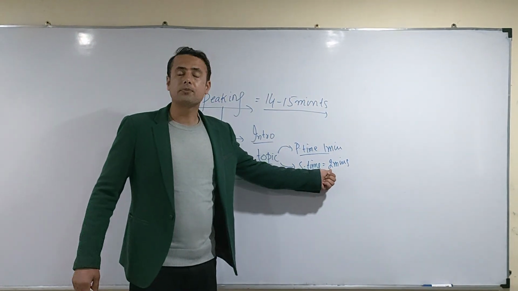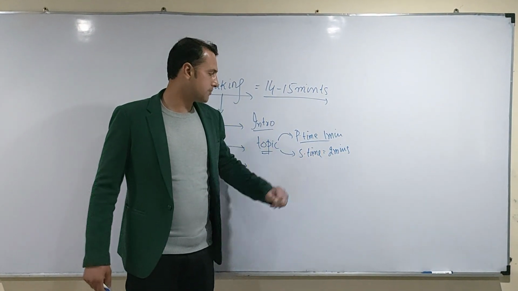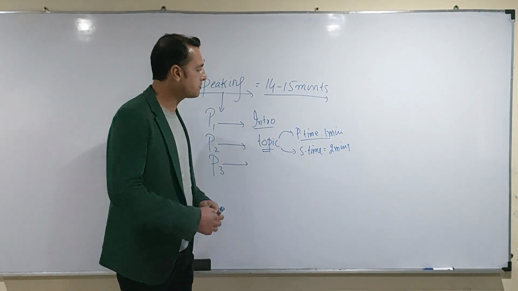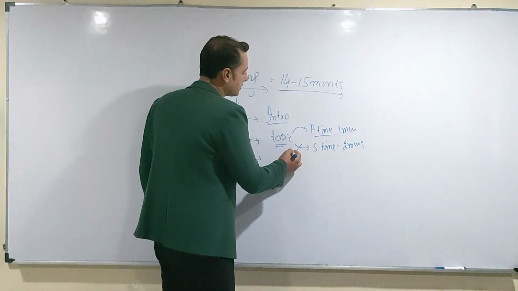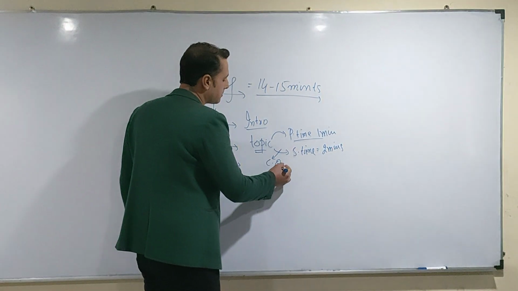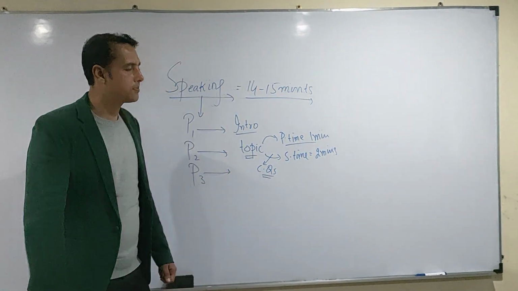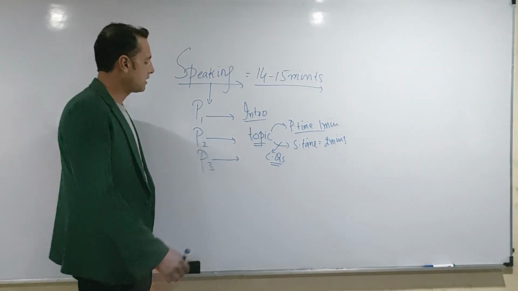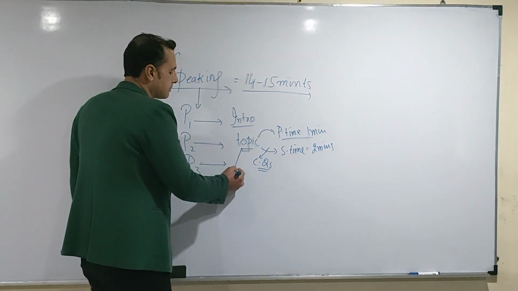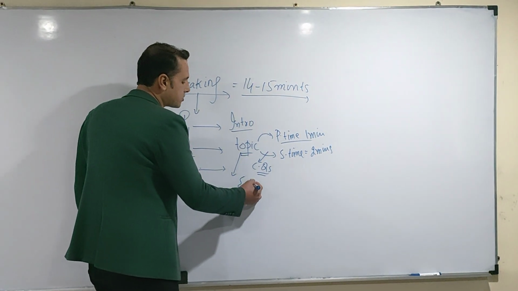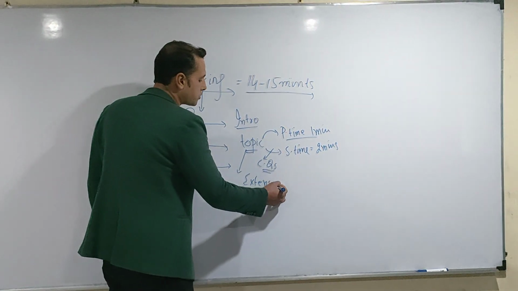He or she may stop you before 2 minutes, but the standard time is 2 minutes. Once you are finished, you will be cross-questioned by the examiner and you are supposed to answer those questions.